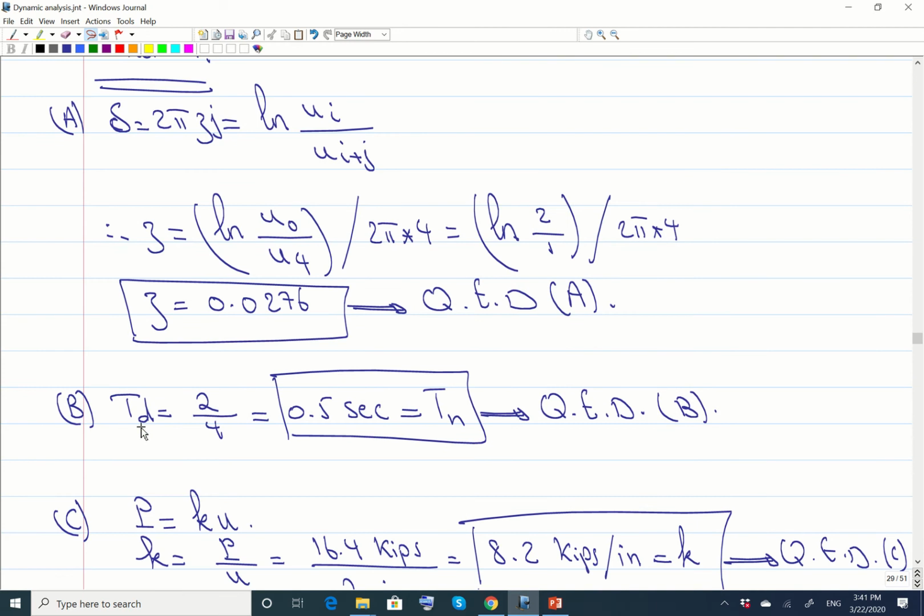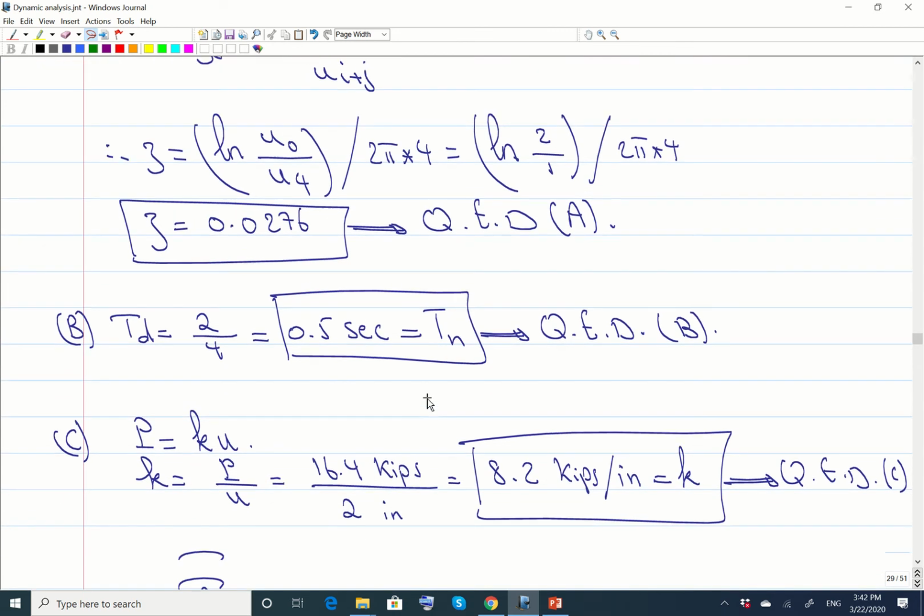And then T_D, the damped period: it took 2 seconds to complete 4 cycles, so it takes 0.5 seconds to complete 1 cycle. We can assume T_D is almost equal to T_n because zeta is so small that the factor square root of 1 minus ζ² is negligible.